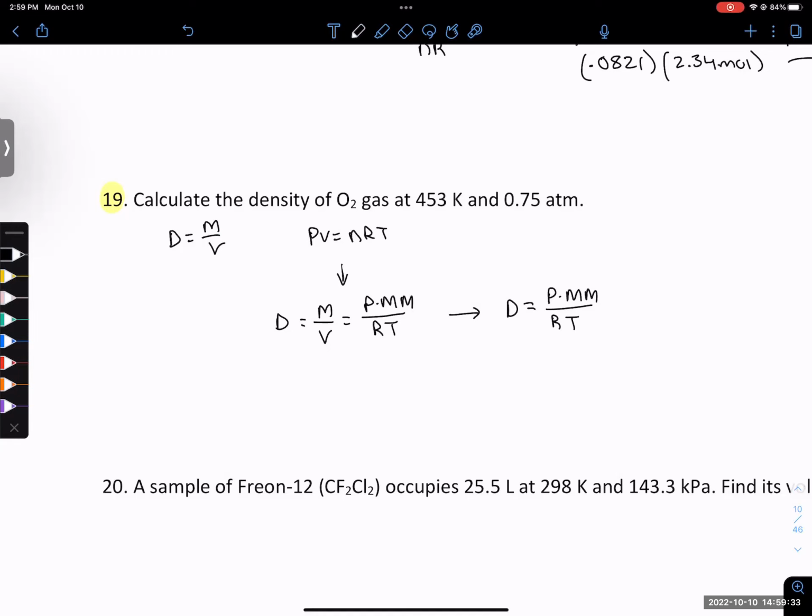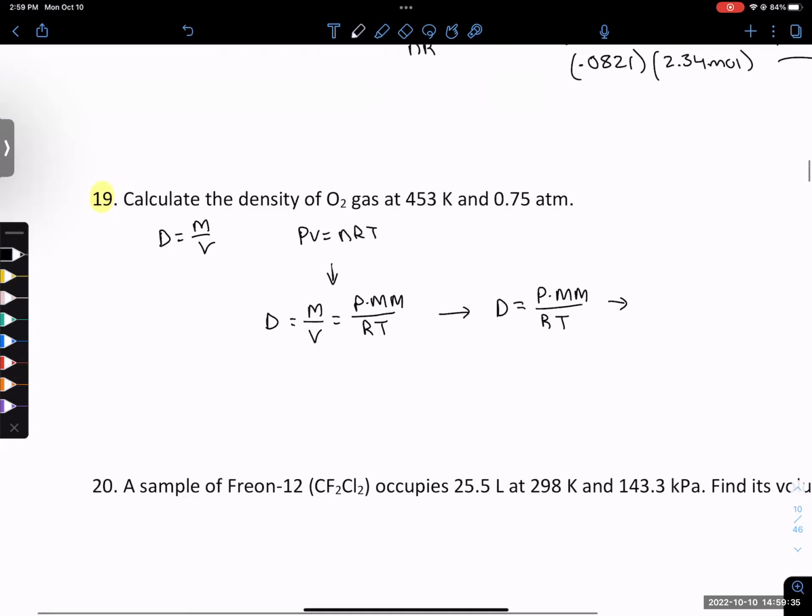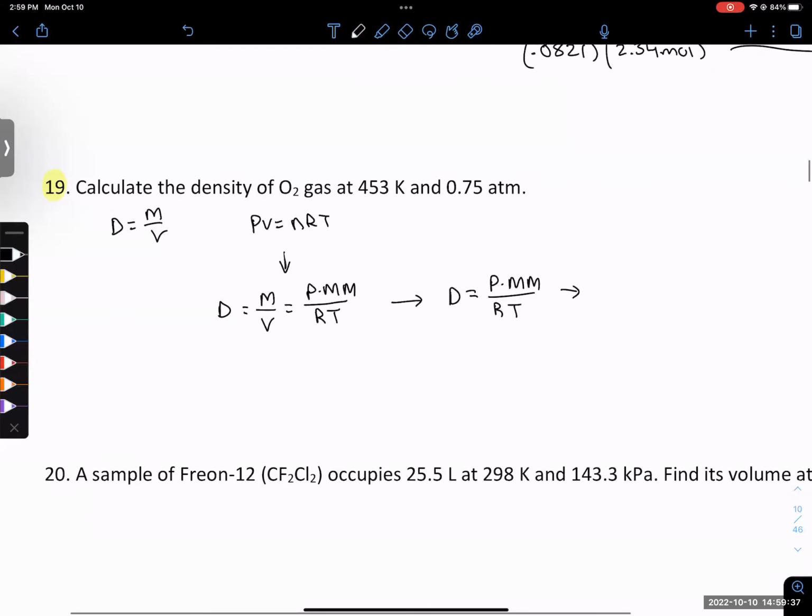Now we just plug in everything we have here. We have 0.75 atmospheres, 32 grams per mole for O2. Oh wait, that's not right. Yeah, molar mass, yes. And then 0.0821. And then 453 Kelvin.